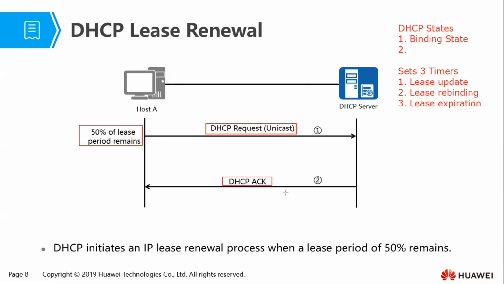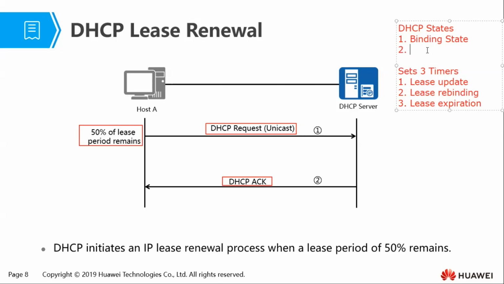When you get the DHCP acknowledge, you re-enter the binding state and you refresh your lease update timer, because now this becomes like a new lease. So it goes back to 24 hours, for example, if you're using the default. Now, sometimes you might want to renew the lease, but the server sends you a NAK, not acknowledged, meaning we cannot renew your time on this particular resource.